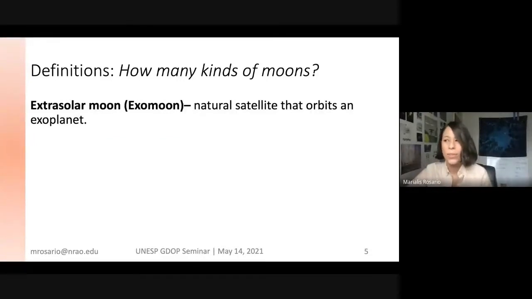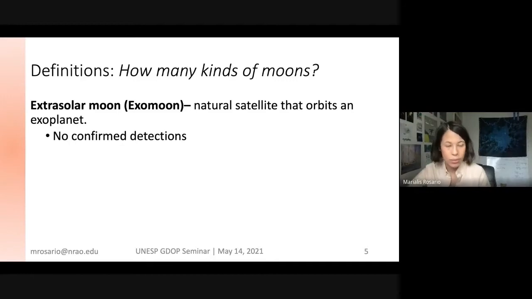We can also think that because moons are so common in our system, they might be common in exoplanetary systems, and that is where the term exomoon comes from. So far, there are no confirmed detections. Several methods have been proposed, most of them derived from previous detection methods with exoplanets.